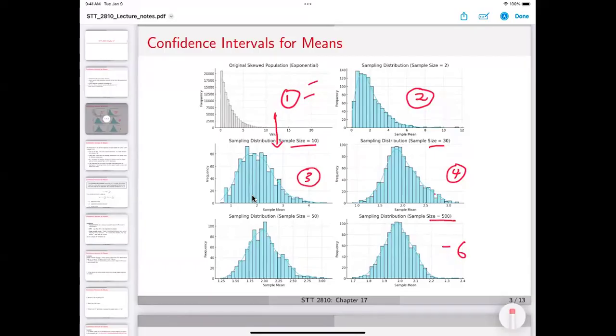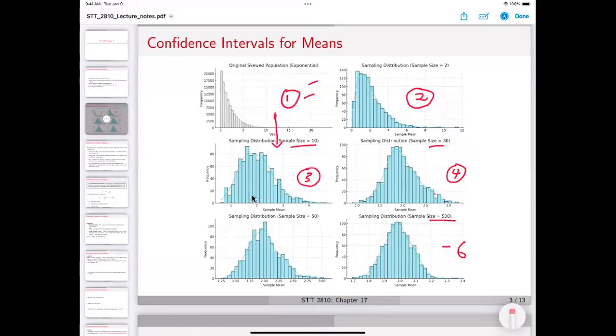This is the idea behind the central limit theorem. It is very useful and it's also a backbone of statistics, so it's very important that you get the idea behind it.